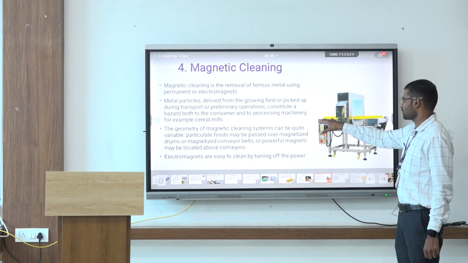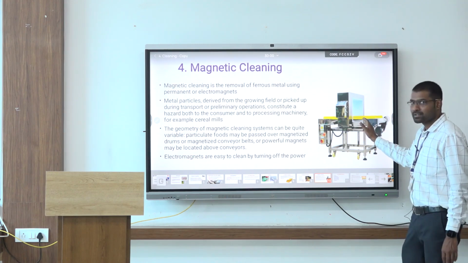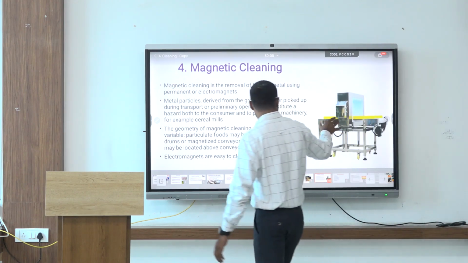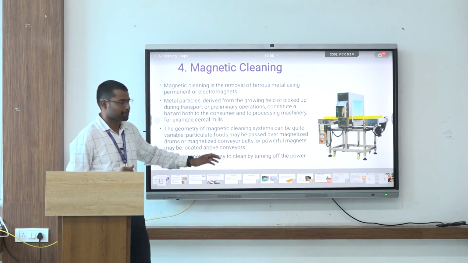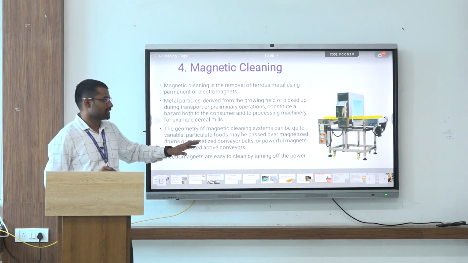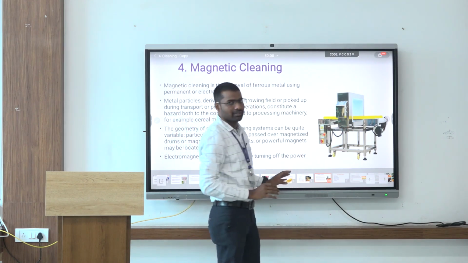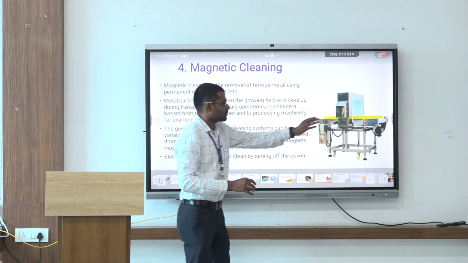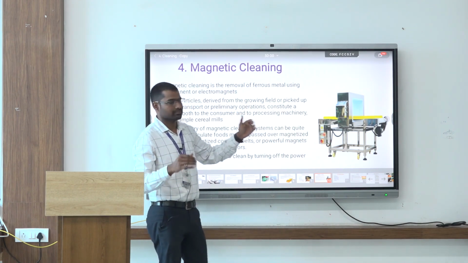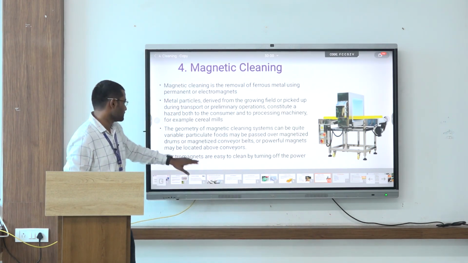When the product or the raw material passes over these conveyor belts, it will be easily detected. And if it is detected, the conveyor part will open, and the material containing the metal particle will drop directly at the bottom, so that the metal particles can be removed.